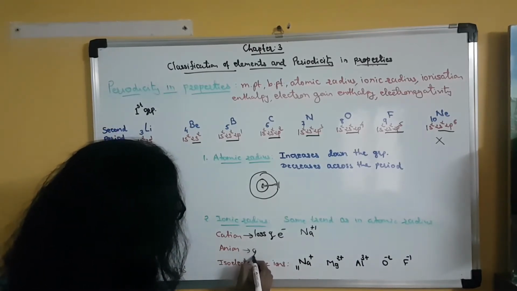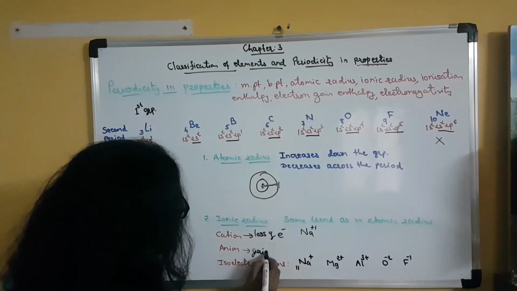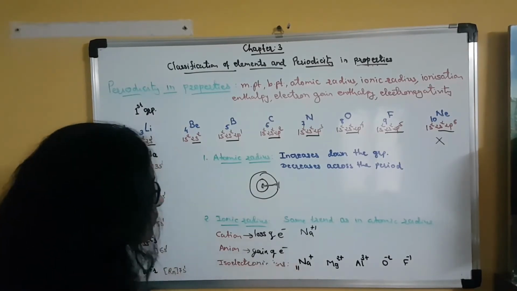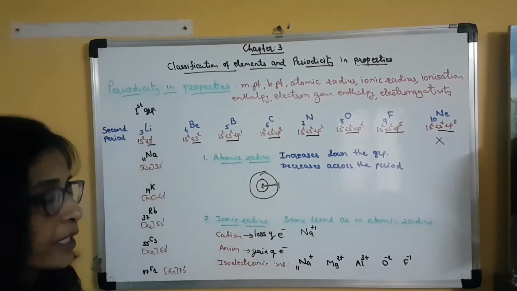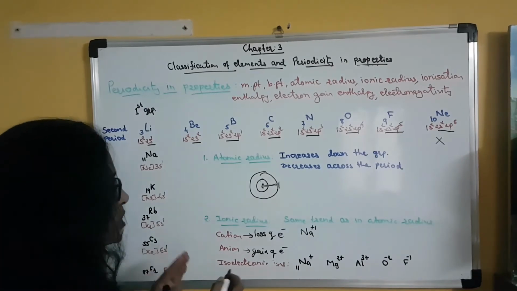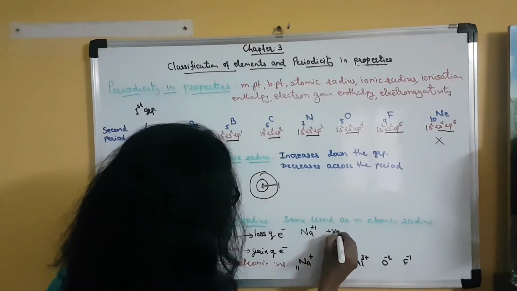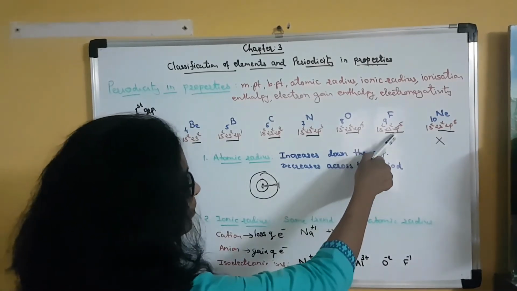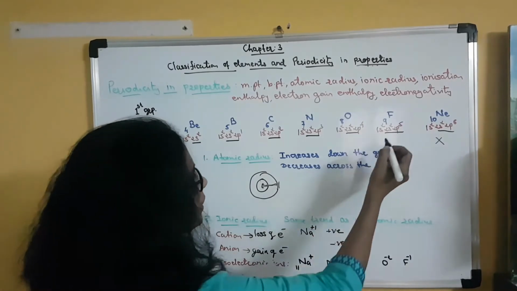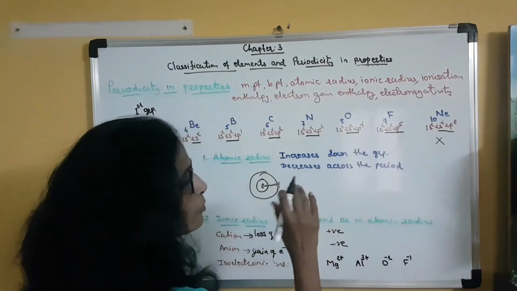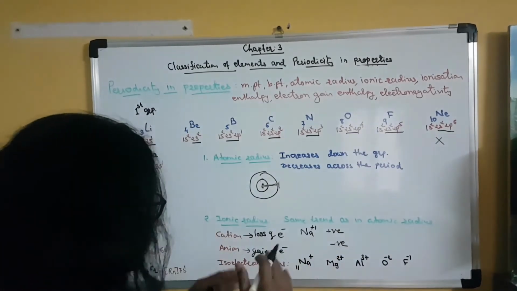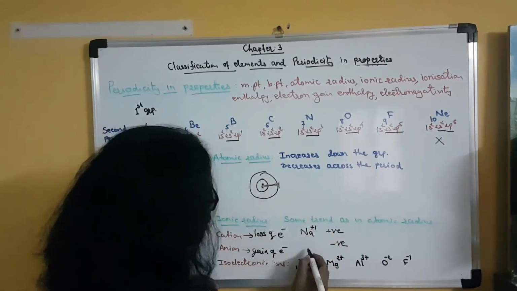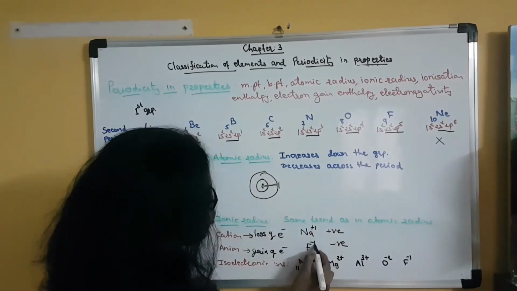Similarly, when a neutral atom gains electron, then it is converted into a negative ion, which is called anion. So cation is a positive ion and anion is a negative ion. For example, fluorine. Fluorine has 7 valence electrons. If it gains 1 electron, it is converted into F minus.